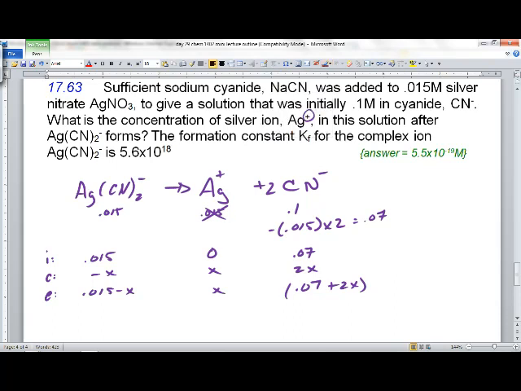Okay. Now, this is not a Kf reaction. This is a 1 over Kf reaction. So 1 over Kf, 1 over 5.6 times 10 to the 18th, has to equal products over reactants: silver times the cyanide, x times 0.07 plus 2x, and don't forget to square the guy, all over the reactant.